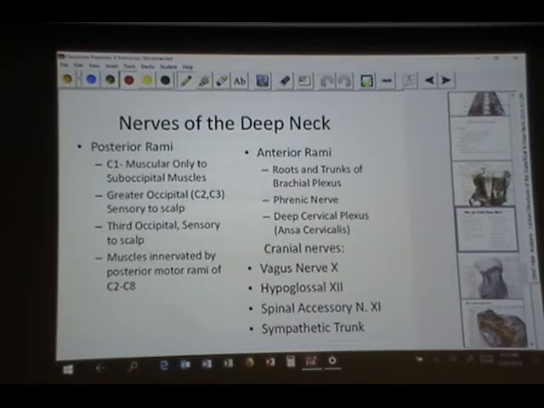And then also in the deep neck, we have vagus nerve running through the carotid sheath. We have hypoglossal nerve up high, actually running across the upper portion of the carotid sheath. And you'll find it in the cadaver just below the posterior belly of the digastric.